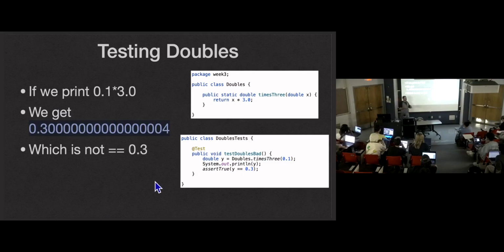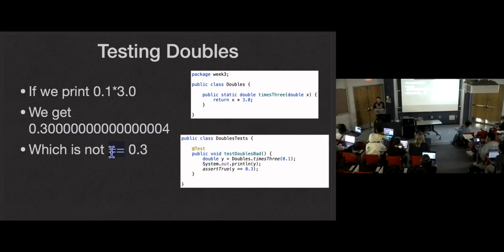This is a fundamental thing of how computers work. You're not going to get exactly 0.3. And since it's not exactly 0.3, even though to us that's basically 0.3, to the computer, it's going to say, no, those are not equivalent values. This is going to result in false. They're not the same.